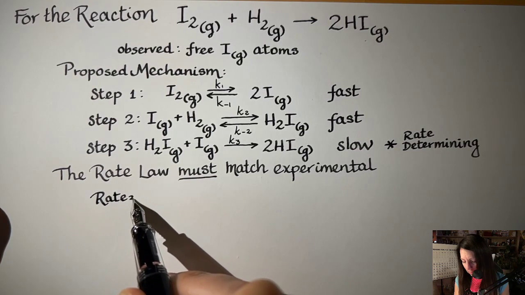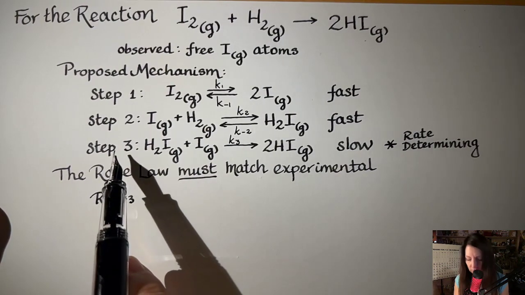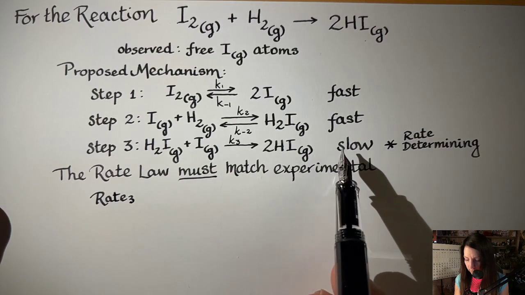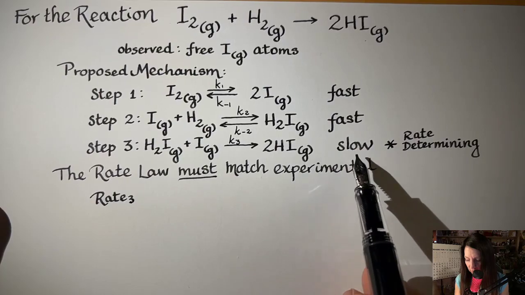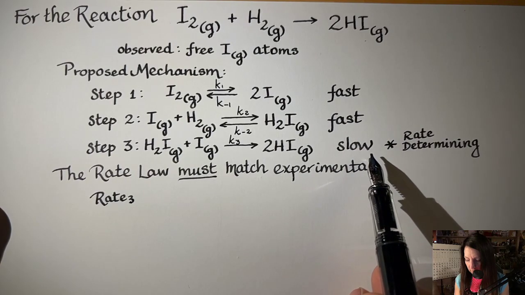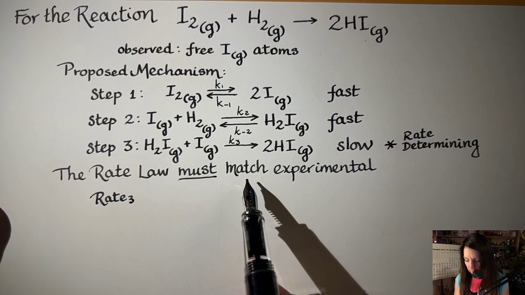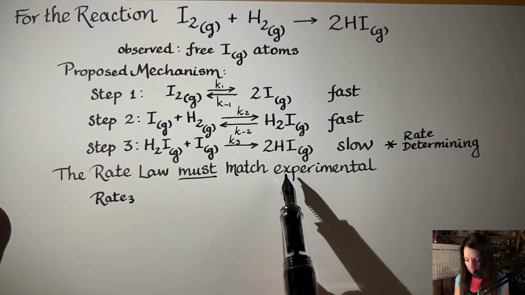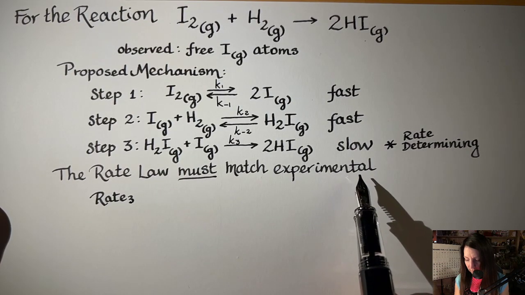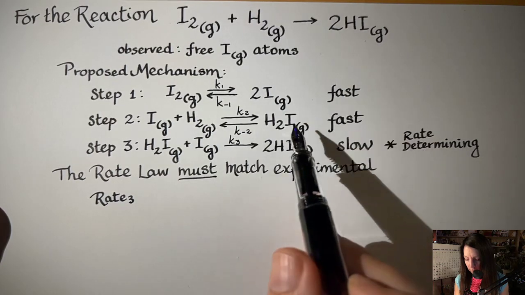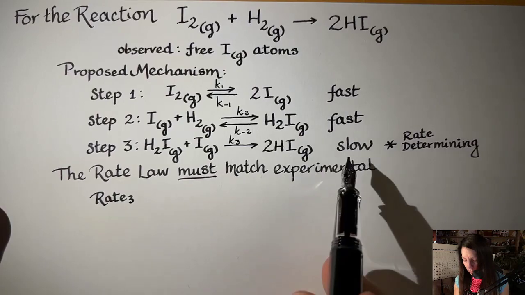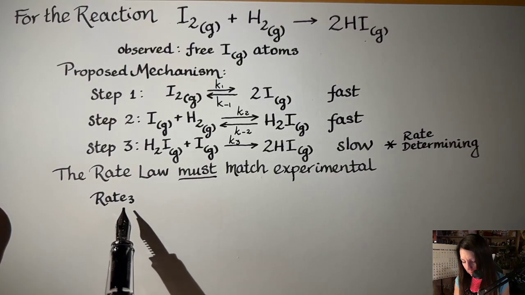I say, let's look at the rate of just step 3 alone. I'm purposely choosing this because it is the slow step. And the overall experimental rate law must be consistent with the slow step for this mechanism. So we choose the slow step and we write out the rate law.